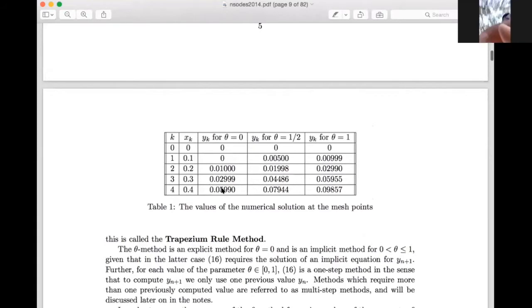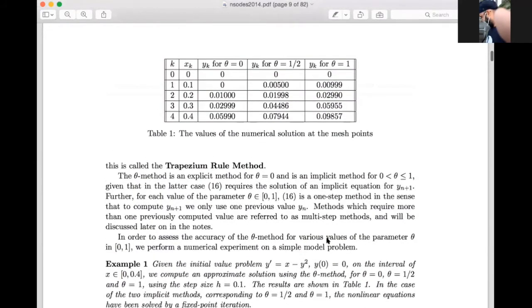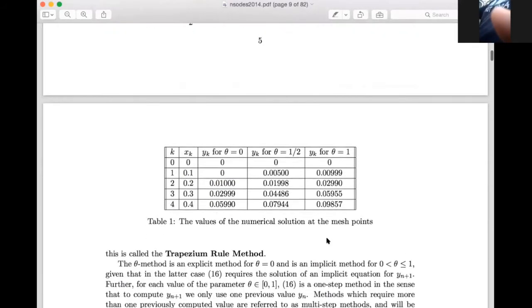The first result is obtained by the forward Euler, this one is from the trapezoidal, and this last one is the backward. So they have shown these, and what is the exact value for that?